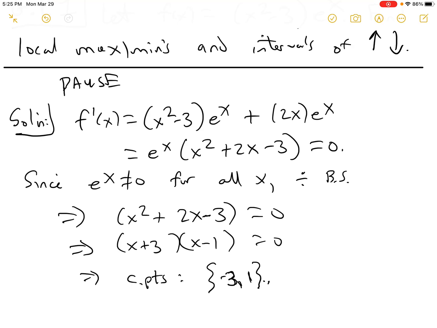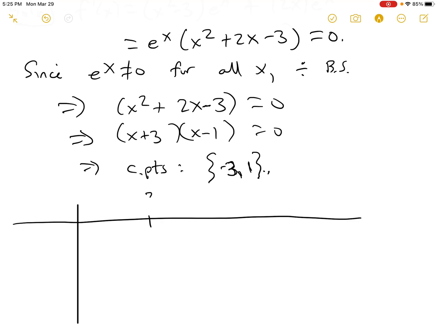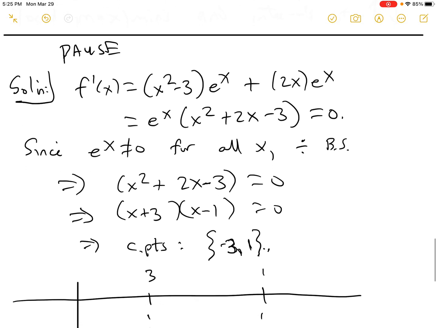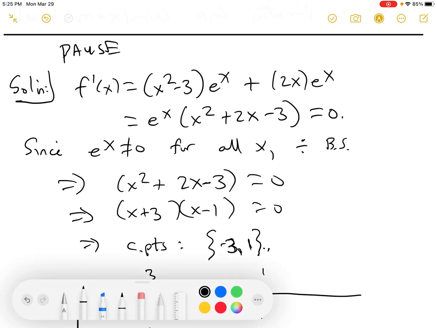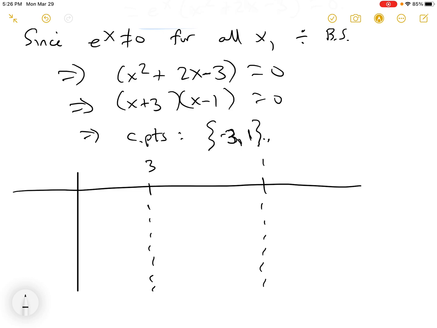Okay. All right. So let's make the sign chart. We got -3 and 1 as our critical points. And it's important to note that this is the derivative, which we broke down. So just for completeness, I'm going to put e to the x in here because that's part of it.